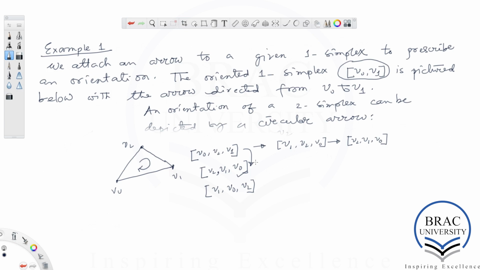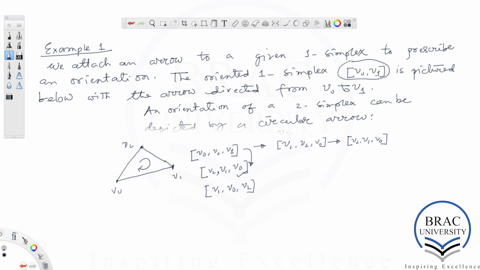Since one can be achieved from the other by an even number of permutations, they are all equivalent. They represent the same two simplex.